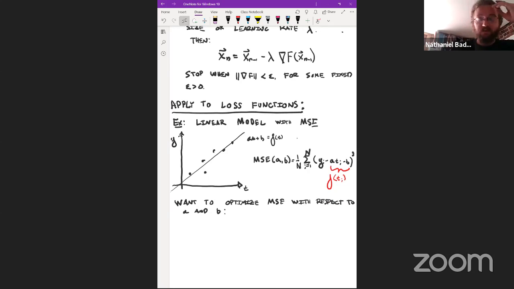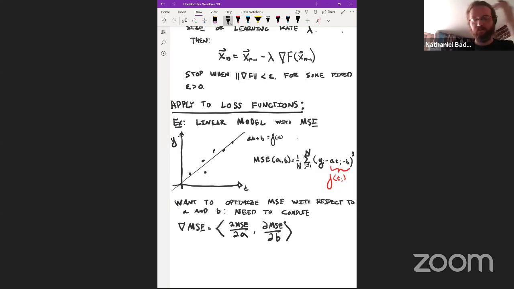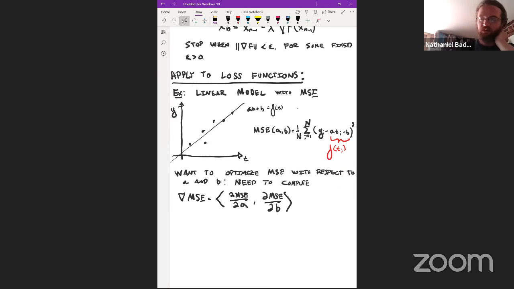So what that means is that we need to compute the gradient of the mean squared error, which now is going to be the partial derivative with respect to a and the partial derivative with respect to b, right? And we can go through and do this. It's not super hard. I don't know how instructive it is, but just to see what this kind of computation looks like, maybe.